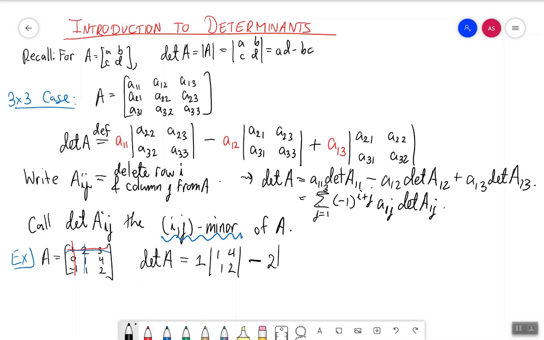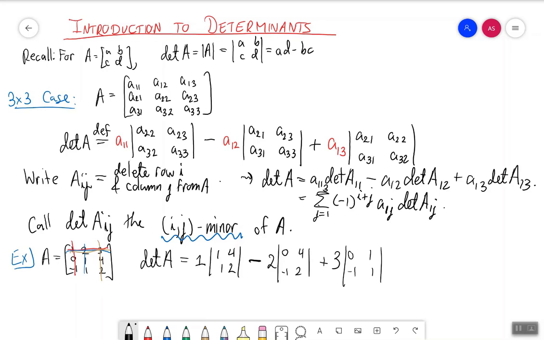So the determinant of 0, 4, minus 1, 2, plus 3 times what we get when we remove this guy and this guy. So the determinant of 0, 1, minus 1, 1.